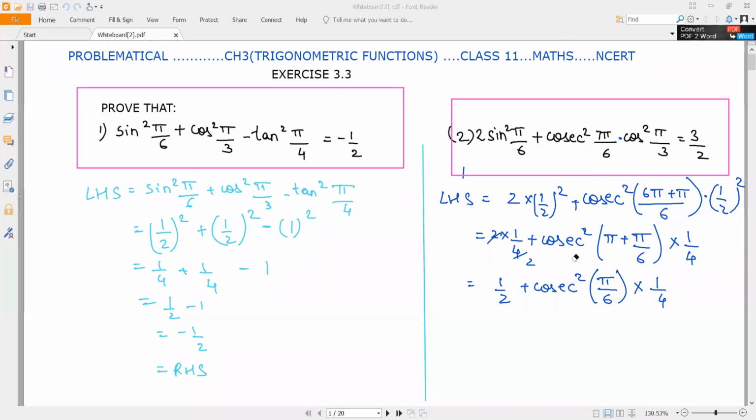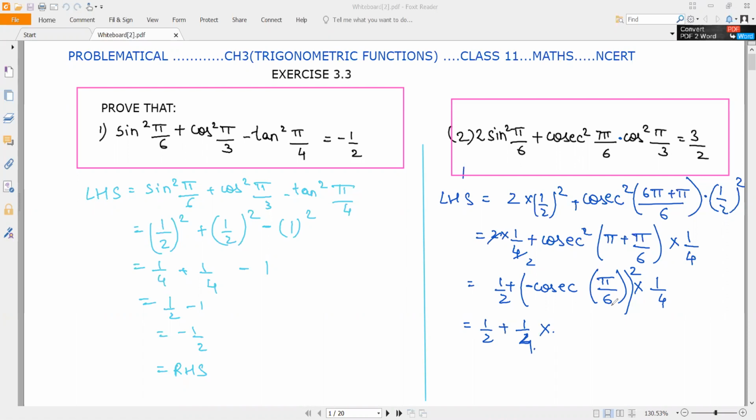Ideally, it should be minus. So you should write something like this, plus minus cosec of this one whole square. This should be the correct version. 1 by 2 plus 1 by 4 I'm writing previously, multiplied by cosec pi by 6.